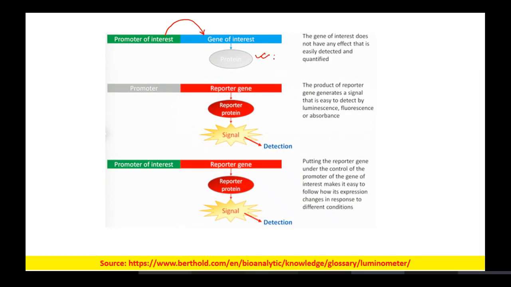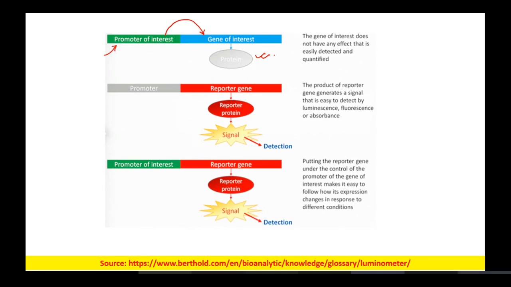However, this protein is not bioluminescent in property. In such a case, we want to see whether a particular condition can promote or demote the activity of the promoter of interest.